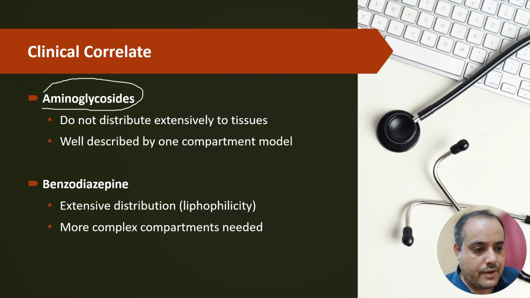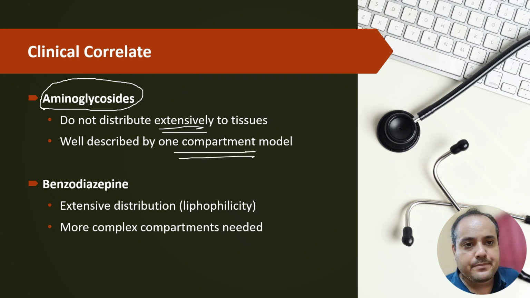group of antibiotics, these aminoglycoside group of antibiotics, they actually do not distribute extensively to the tissues. Hence, their pharmacokinetic behavior can be very well described by a single compartment model, since extensive distribution is not there, right?